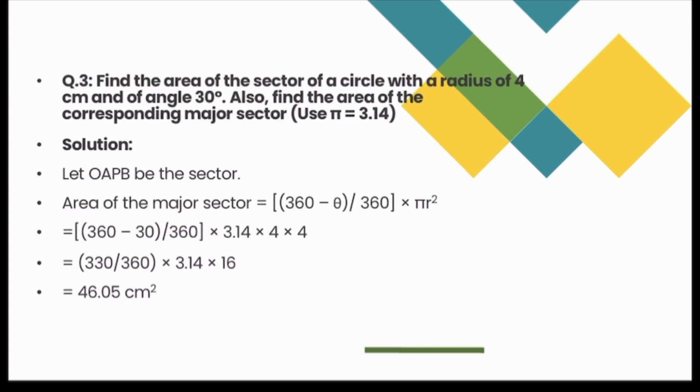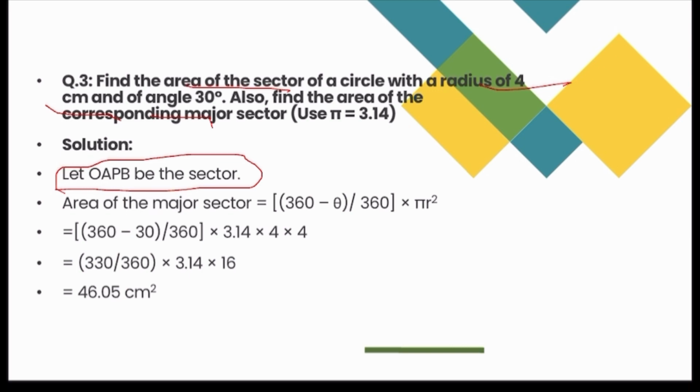Now on to the third question. Find the area of the sector of a circle with radius 4 centimeter and angle 30. Find the area of the corresponding major sector. Now we have to consider OAPB as the sector.